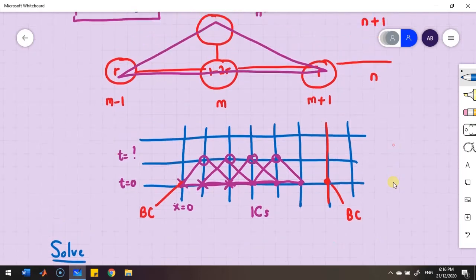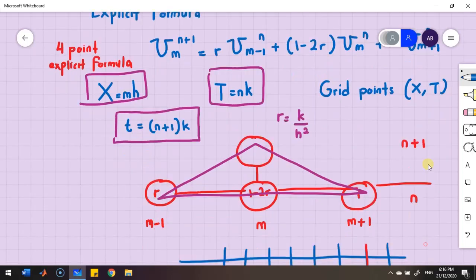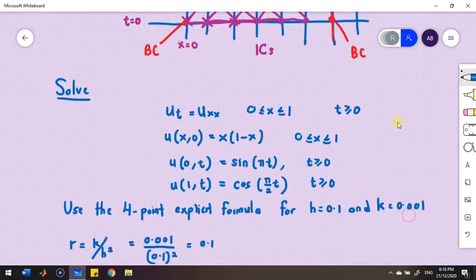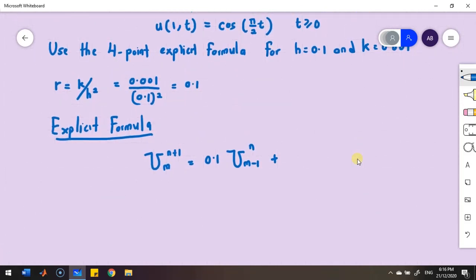If you look at the formula again, it's 1 minus 2r. So if r is 0.1, it's 1 minus 0.2, which should give 0.8. So there you go, we have obtained this.